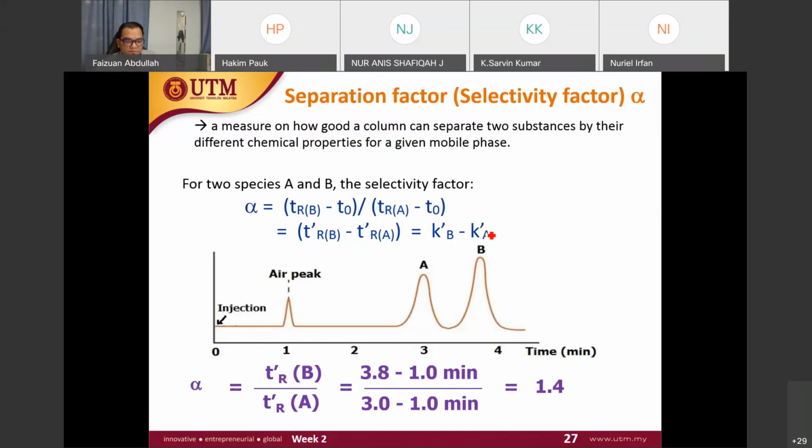For example, we have a chromatogram here. This is the injection time.